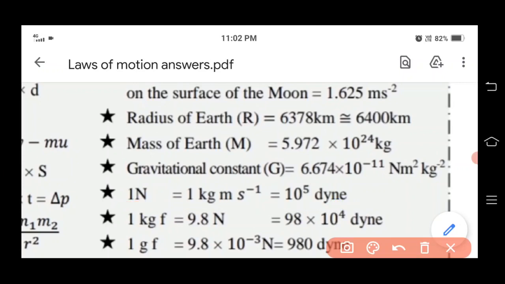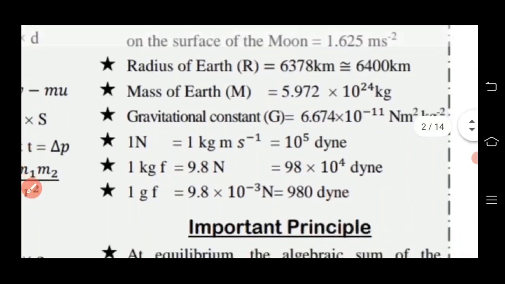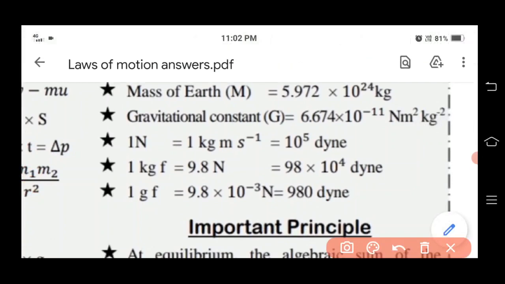And then 1 kilogram force equal to 9.8 Newton, which is 98 × 10^4 dyne. And 1 gram force equal to 9.8 × 10^-3 Newton equal to 980 dyne.